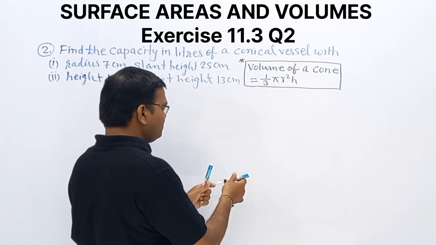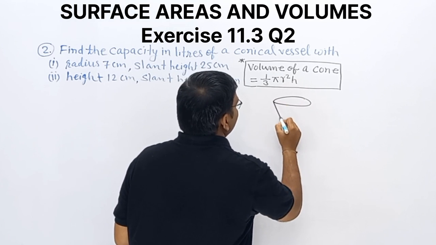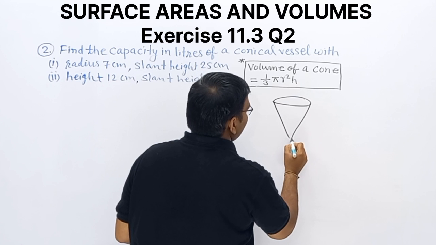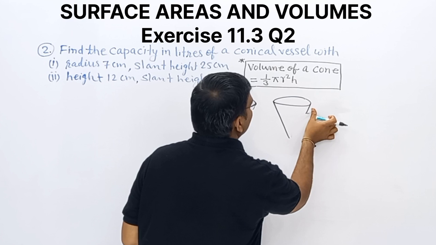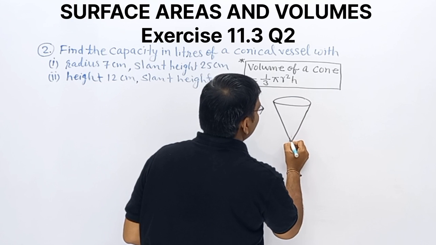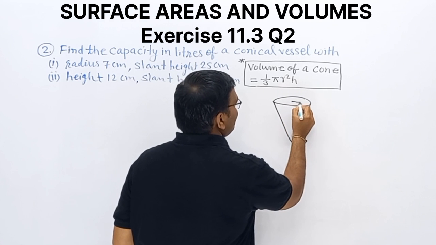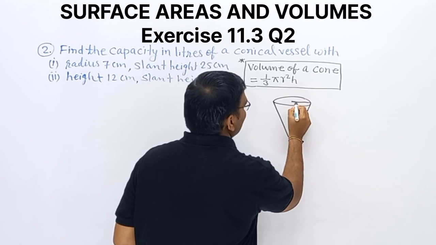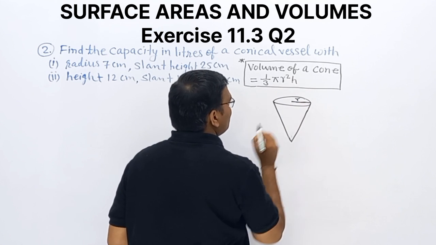Observe, we have one cone. We want its volume. The base of the cone is a circle, and its radius is small r.